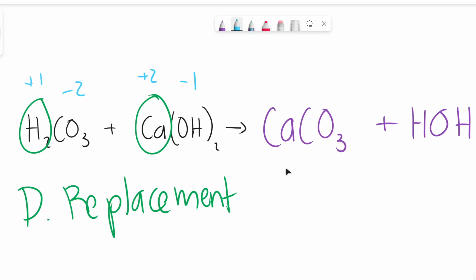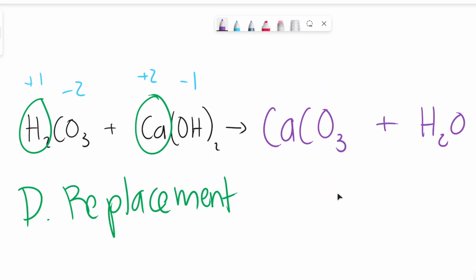Calcium is +2, carbonate is -2, and this HOH is literally water, so we're going to rewrite this as H2O instead. Since the charges here are the same, we don't need to write anything because it simplifies to just ones.